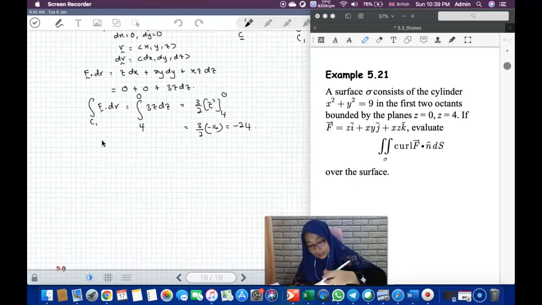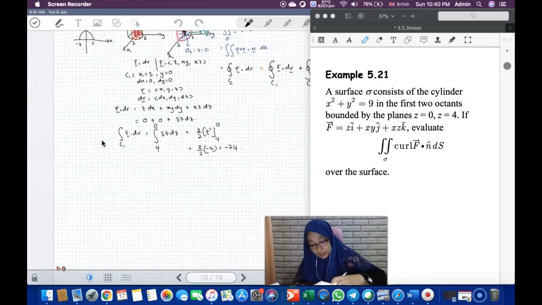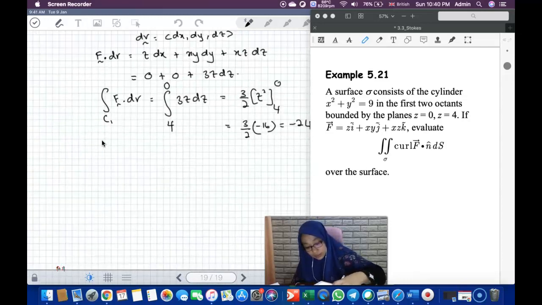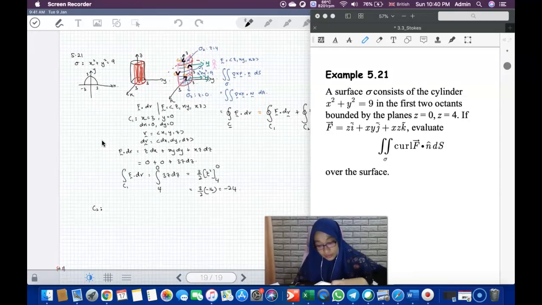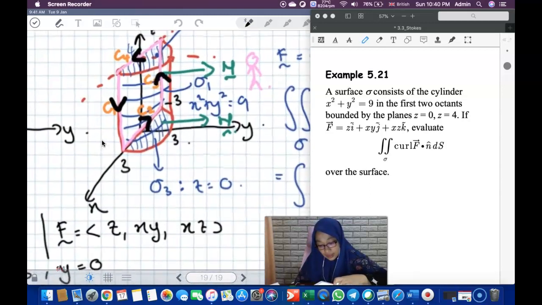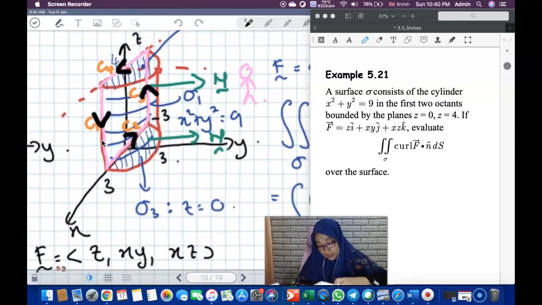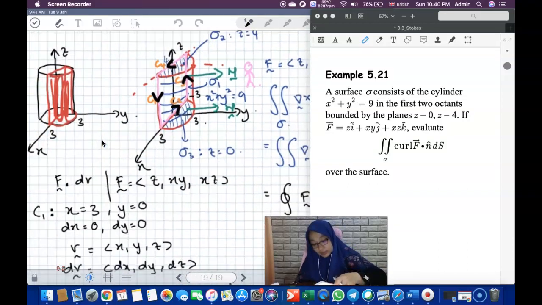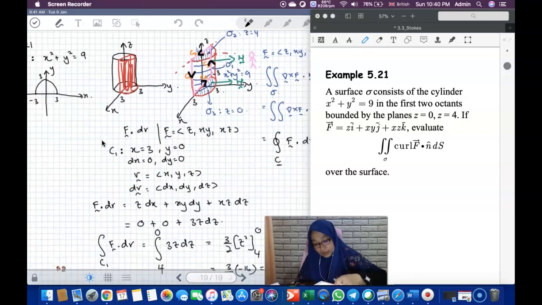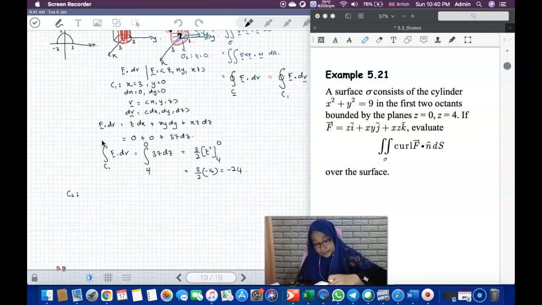So now we look at C2. What is the information that we got from C2? So now we work on C2. C2 in this case is z equal to 0, the line of z equal to 0, and also y equal to 0, right?